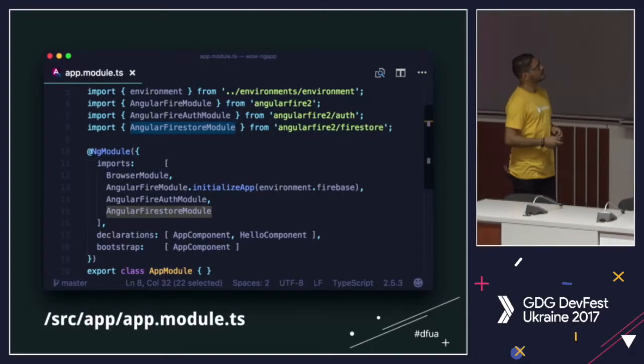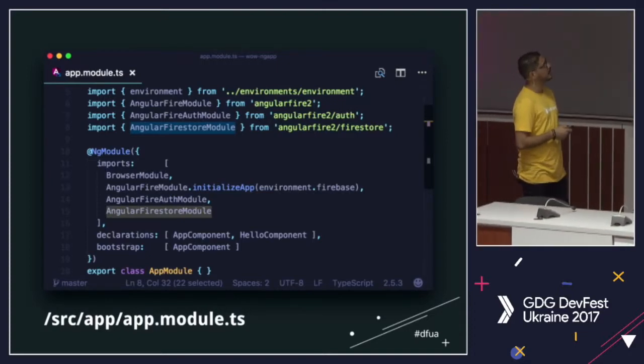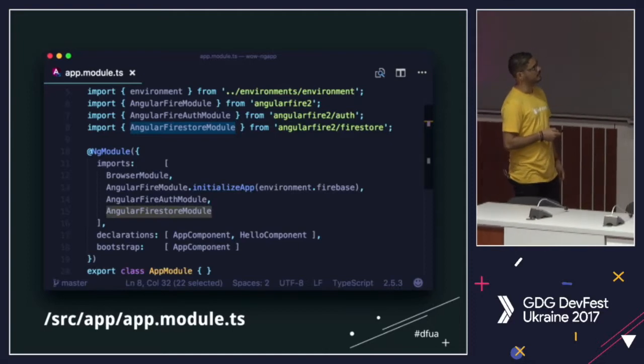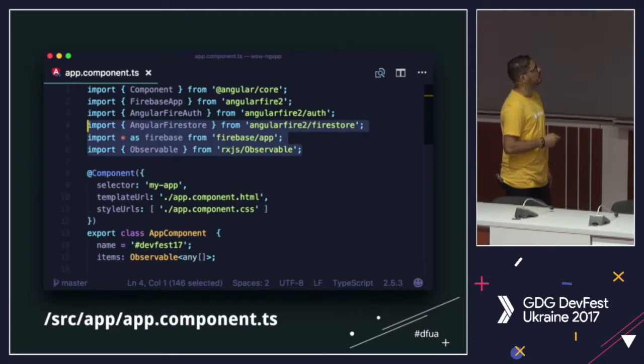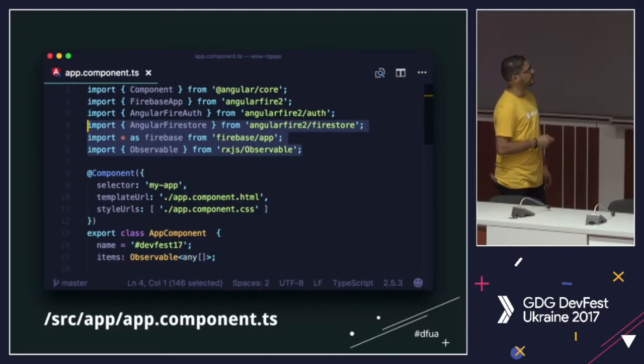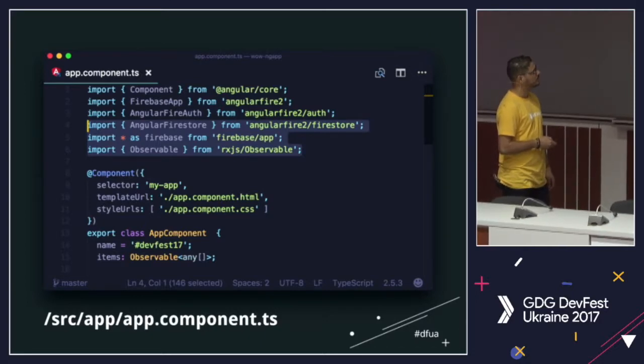So to do that, you go again to the app modules and import Angular Firestore module. And then we have a little bit of RxJS here. And we start this items as an observable.